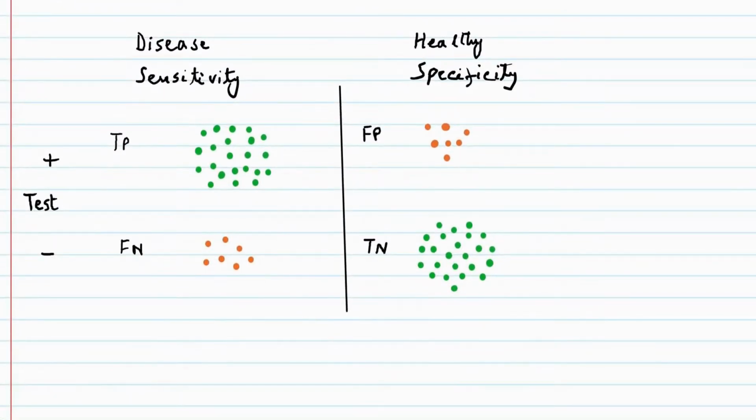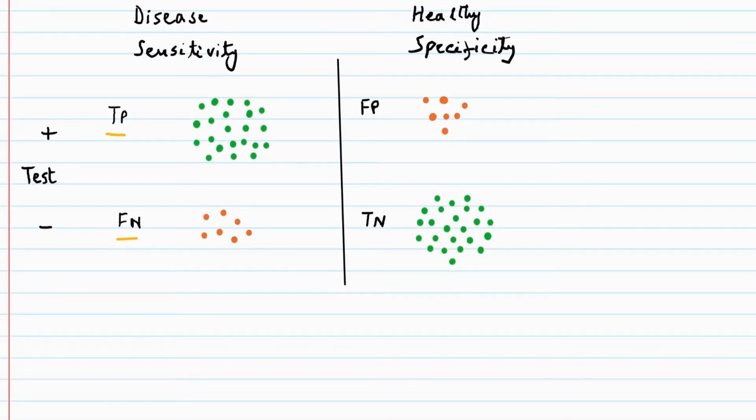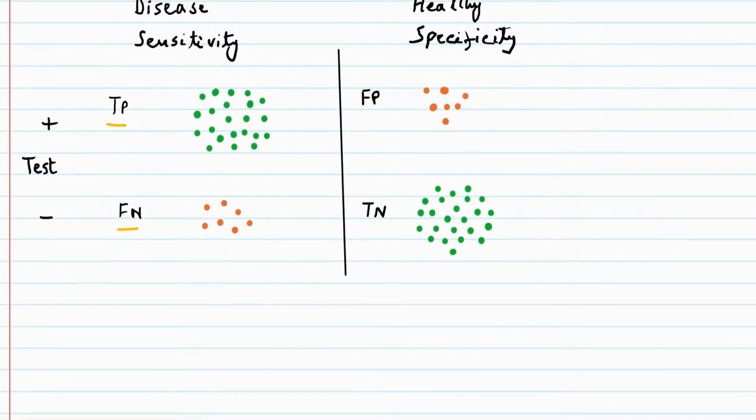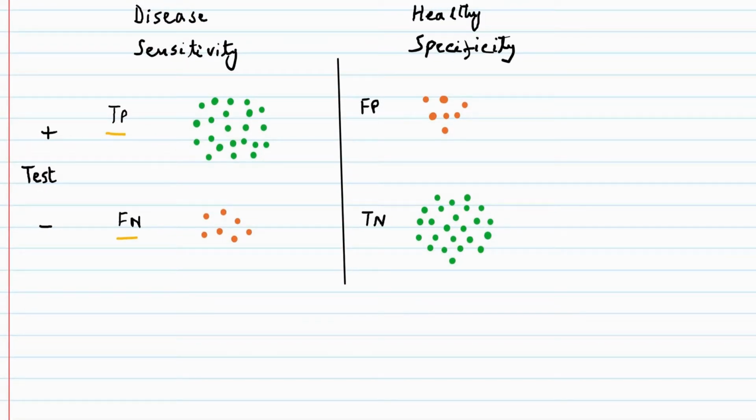We can see our new test is able to correctly identify some people with disease and the result is true positive. While other people, although they have disease, the result in these cases is false negative. The sensitivity of a test is the ability of a test to correctly identify people who have disease.